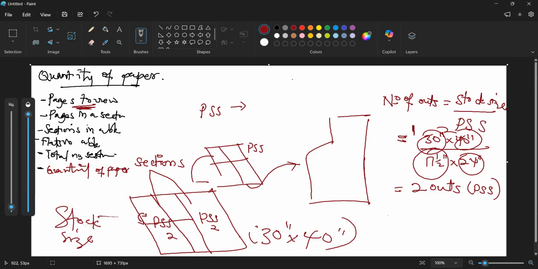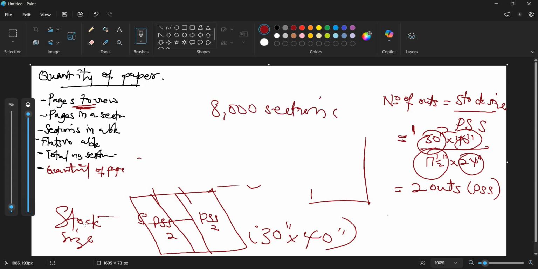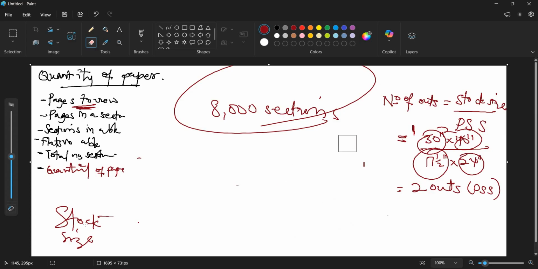In this, it was saying that our total number of sections was 8,000, right? 8,000 sections. That's our total number of sections. So if the total number of sections is 8,000, then this same section, we agree that it's the same as our PSS.